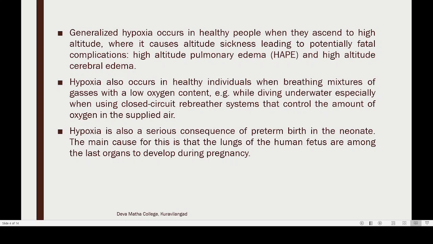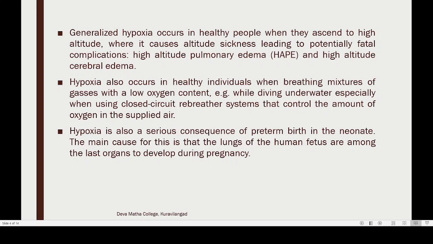Then hypoxia is also a serious consequence of preterm birth. What is preterm birth? Normally our pregnancy period is 9 months and 10 days, or 280 days. If a child is born before that number of days, we call it premature birth or preterm birth. In such a situation, the main problem is that the lungs of the child may not have developed completely.